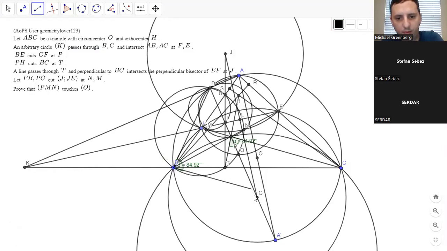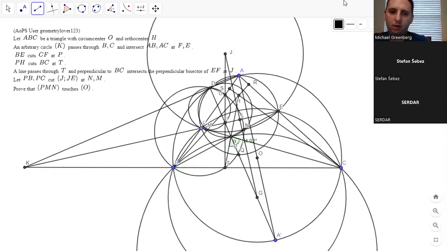So can we show that those are equal? So this is the same as this. But this is just angle DBC plus angle GBC. I wonder if you can just chase it. You probably can.